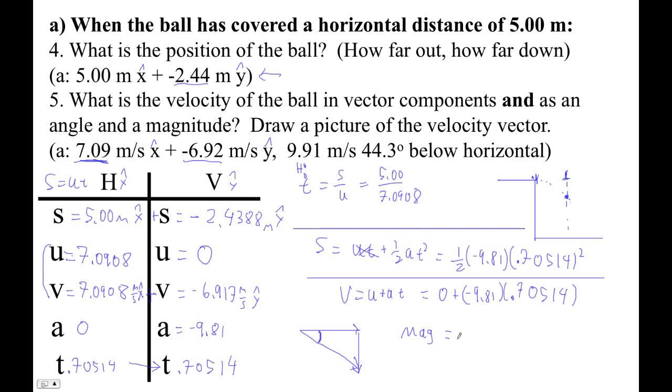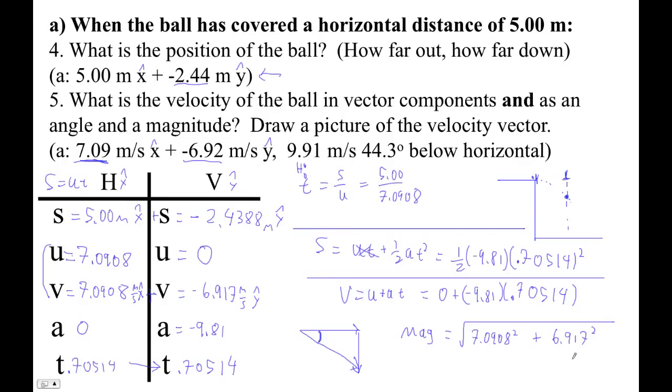The magnitude is the square root of 7.0908 squared plus 6.917 squared. Okay. You know the minus sign doesn't matter because it's squared, but actually, surprisingly, it does matter on a TI calculator.